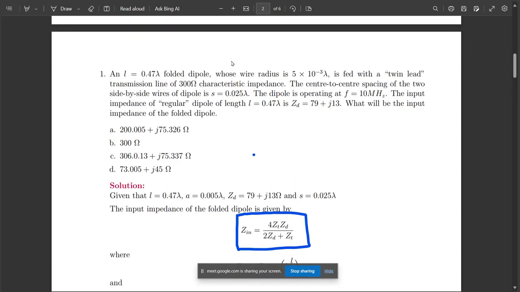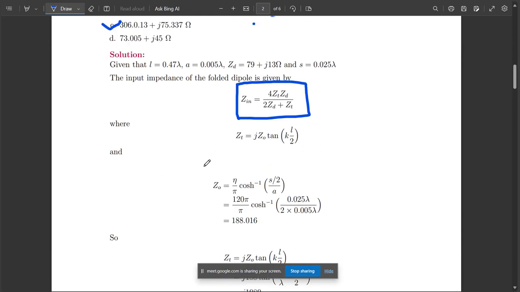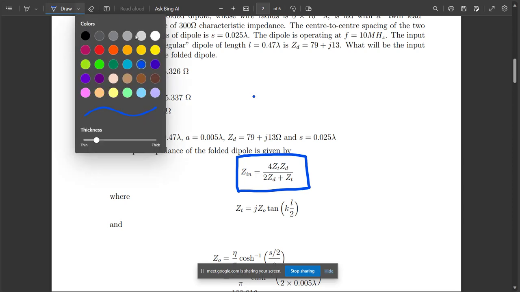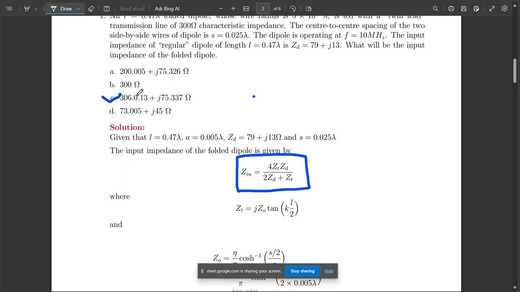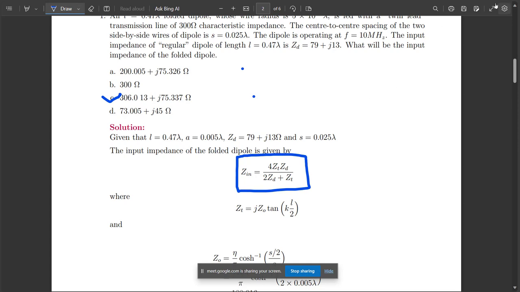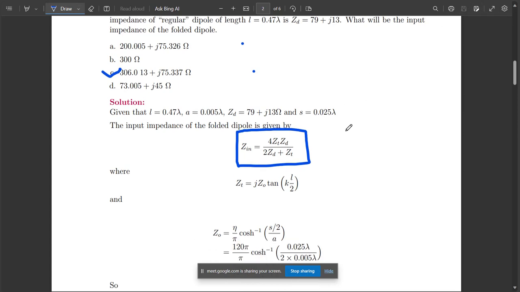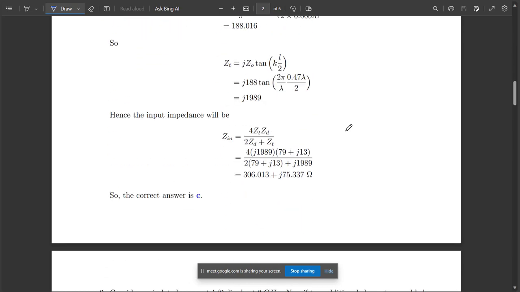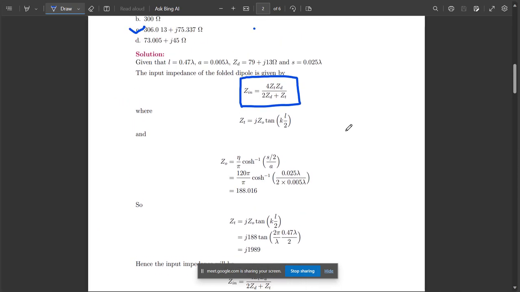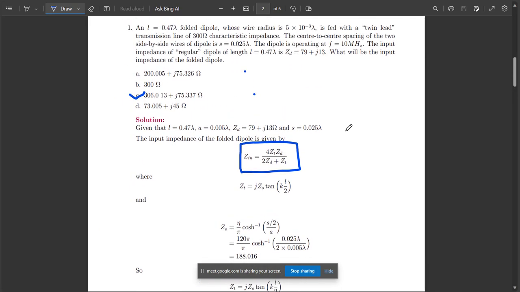So the correct answer is option C, 1 3 plus j75.337. Okay. So any doubts here? Anyone has any doubt here?